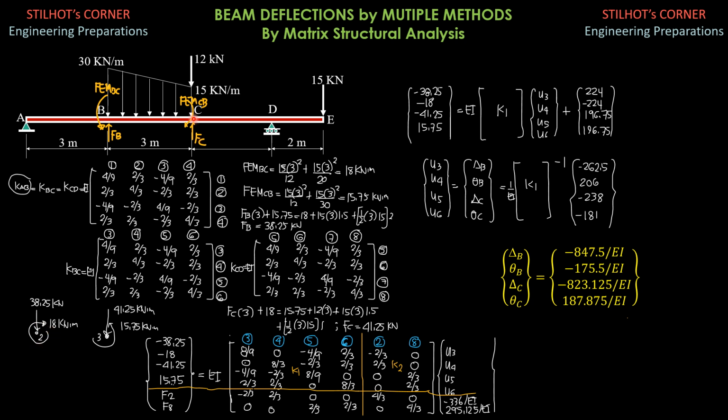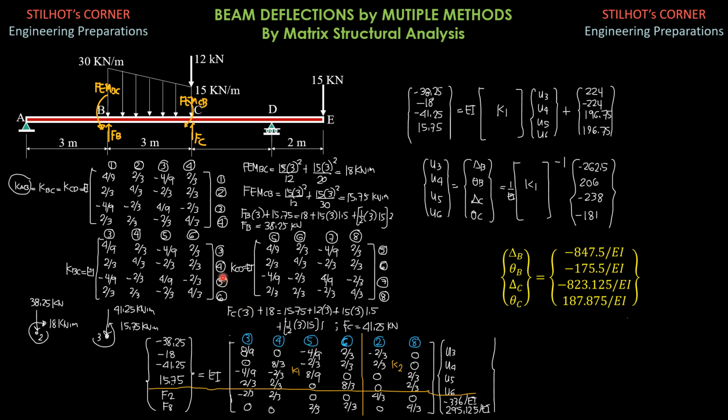At C, we have a downward load of 41.25, and opposite to this moment is a counterclockwise moment, 15.75 kilonewton meter counterclockwise. So clockwise is negative, downward is negative, counterclockwise is positive.